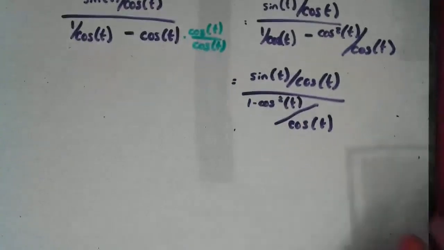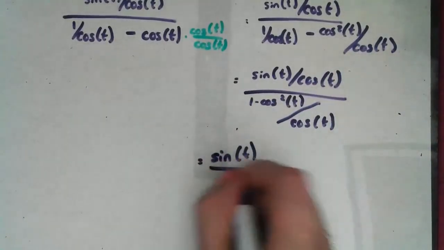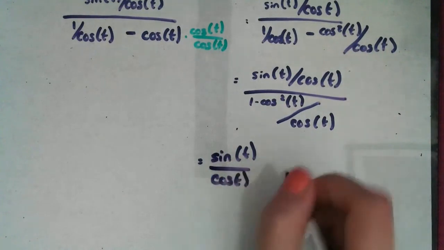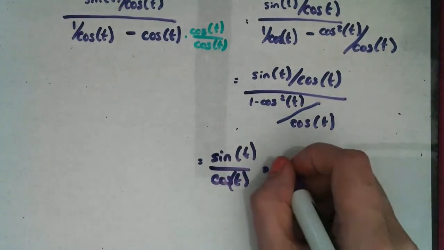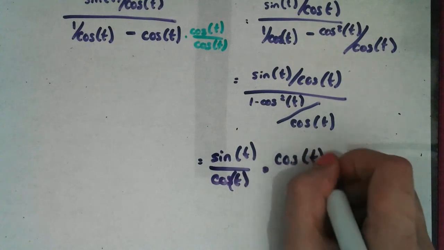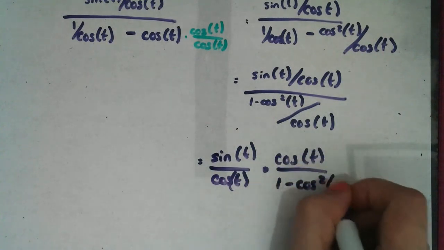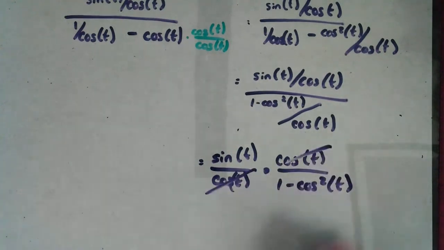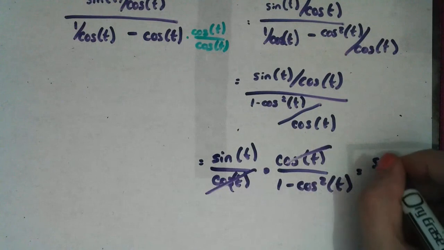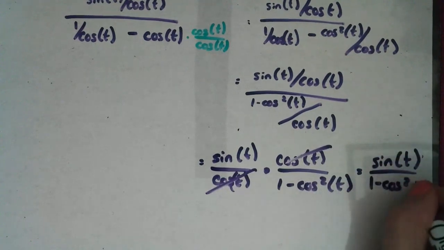So we keep the numerator as sine of t over the cosine of t, change to multiply, and flip. So we have cosine of t over 1 minus the cosine squared of t. These cosines cancel, and I'm left with sine of t over 1 minus cosine squared of t.